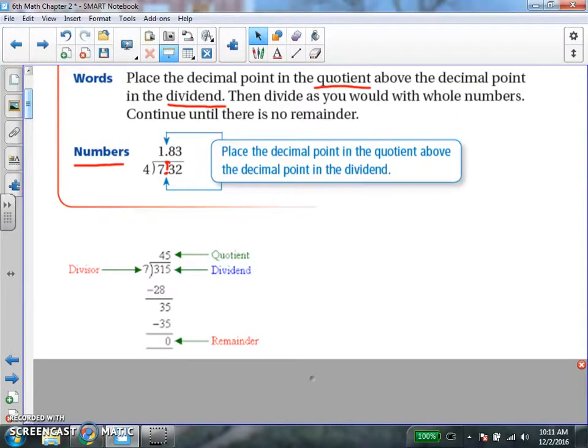It says label. So your quotient is your answer to your dividing problem. Your divisor is the number on the outside, and your dividend is the number that's on the inside of your long division sign.